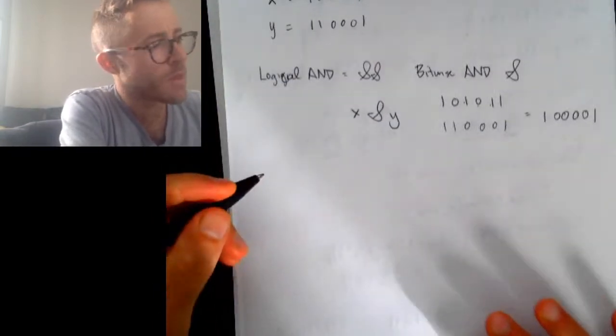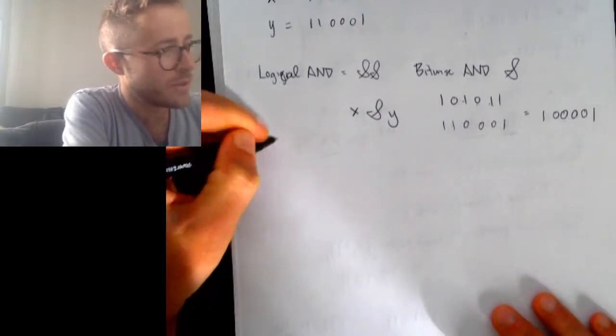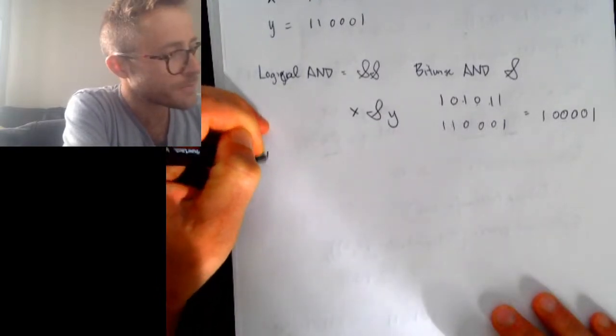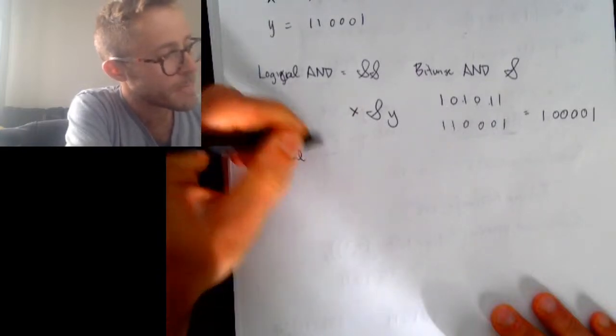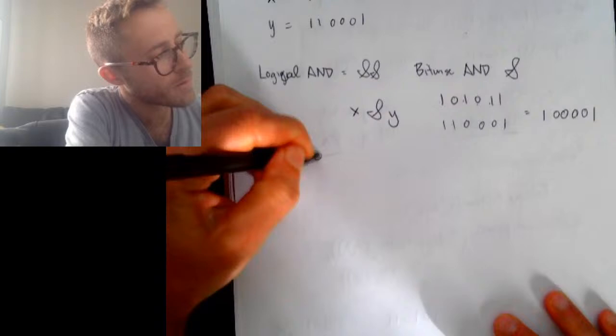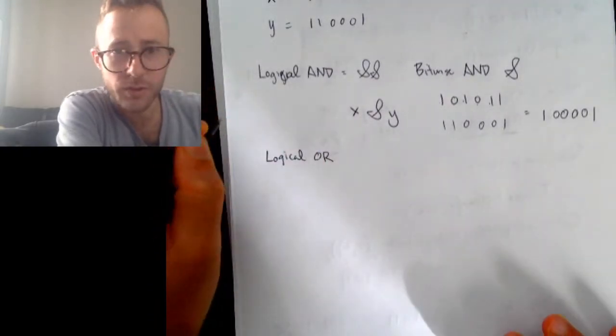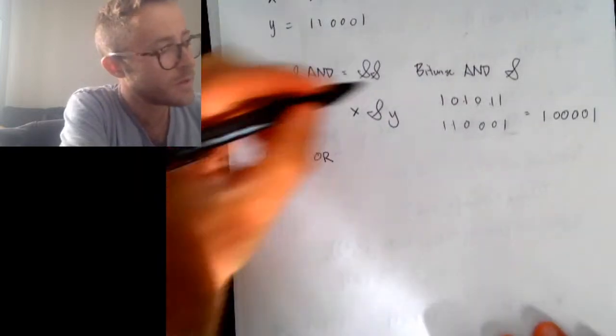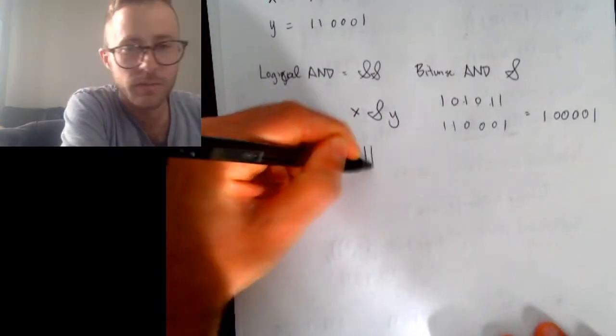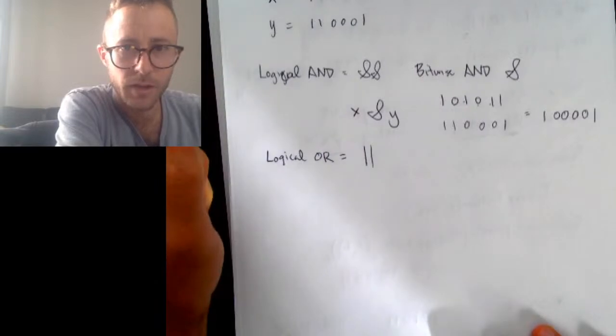Similarly, we learned about the logical OR. The logical OR, so like true or false is going to be equal to true. And that was equal to the double vertical bar. Okay?